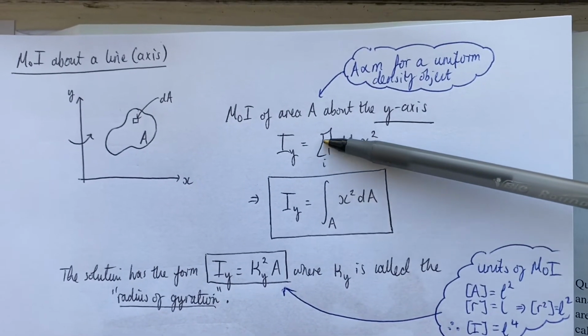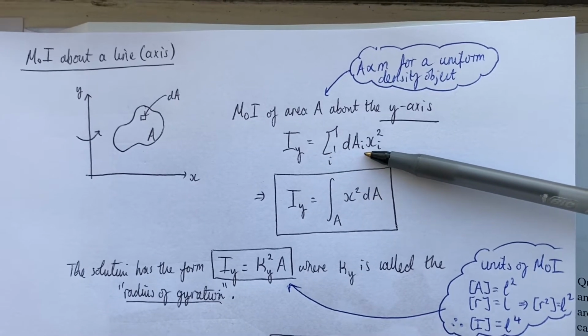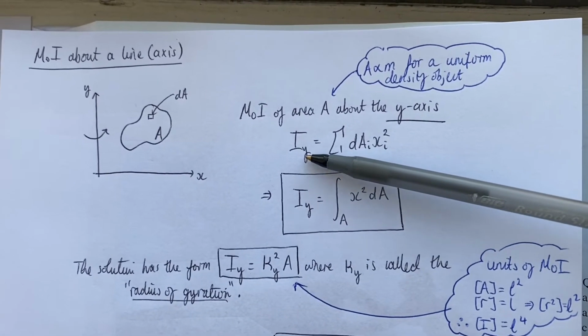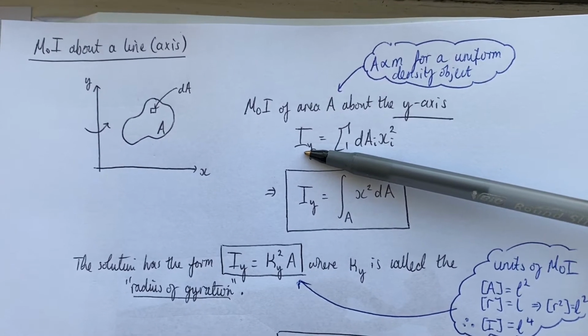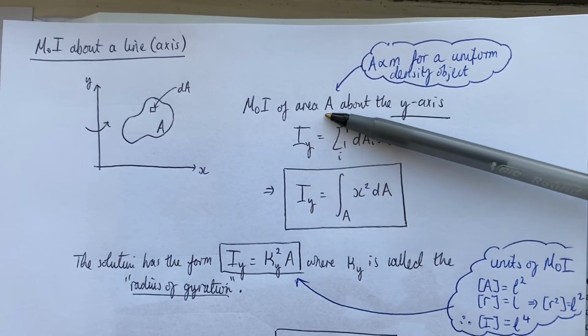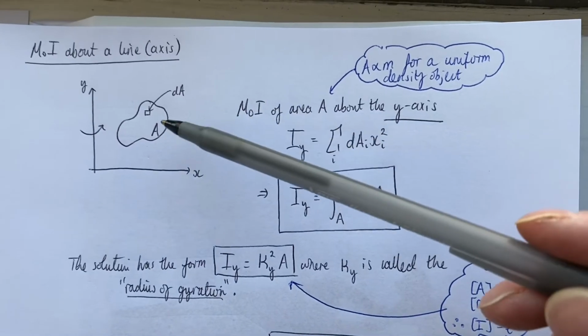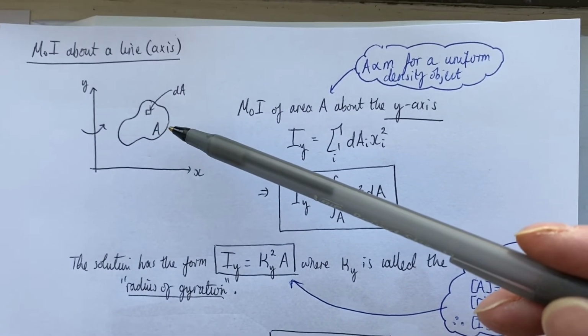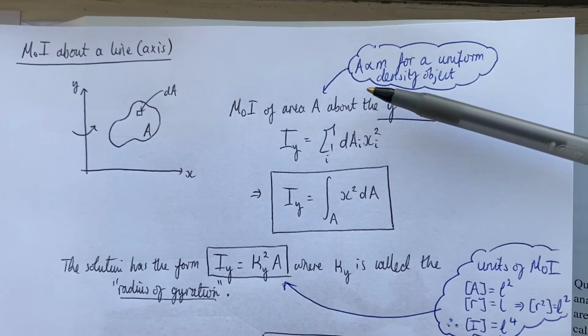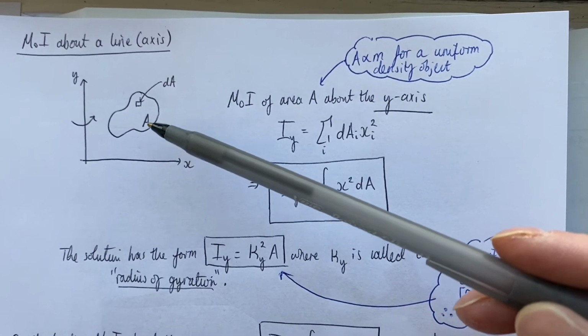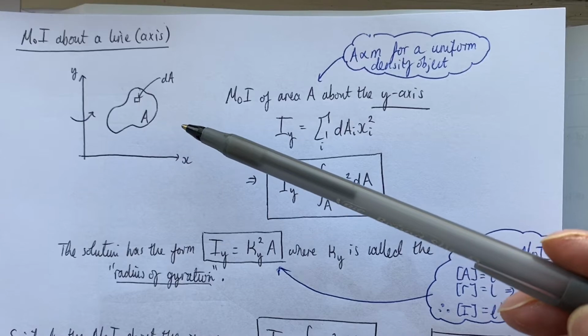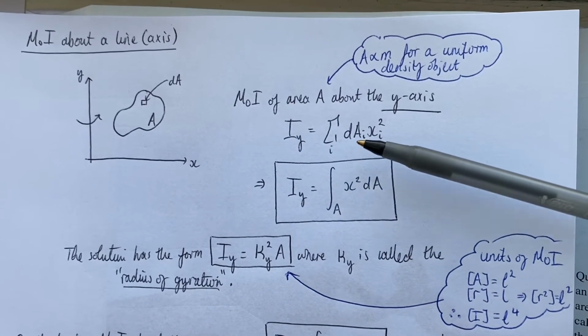And we sum all of those little pieces up to find the total moment of inertia about the y-axis. So here we're assuming that area is proportional to the mass of A, if we assume that this shape has a uniform density, right? So that's why we can do that.